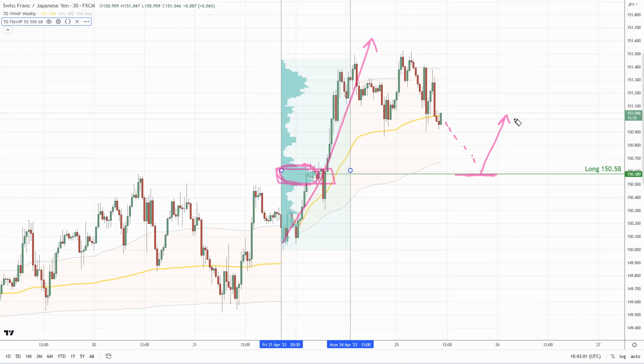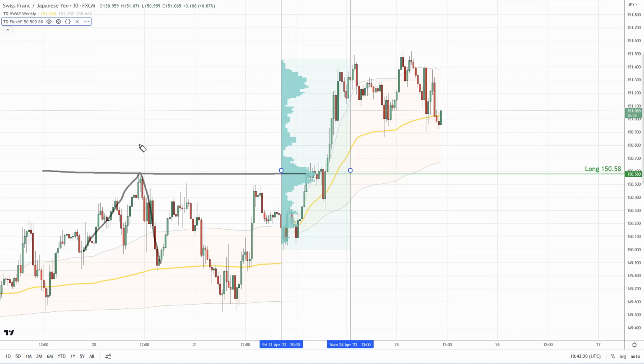So this is the volume profile setup, but there's one more setup that adds strength to that support. If I extend this line, which I drew here, then you can see that the price reacted here in the past. This means it worked as a strong resistance. There were also two more reactions in here and in here, not that distant from the level.